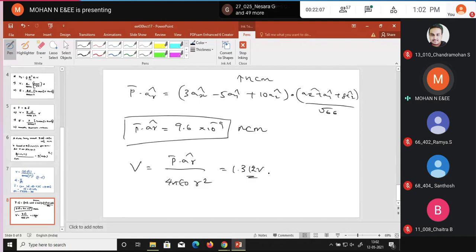So it is a straightforward problem. If you recall some of the relationships here, then you can easily solve it. And if you recall some of the concepts, then you can derive the expressions. The basic thing remains the same. You'll be having a point charge, a line charge, a volume charge, and a surface charge.